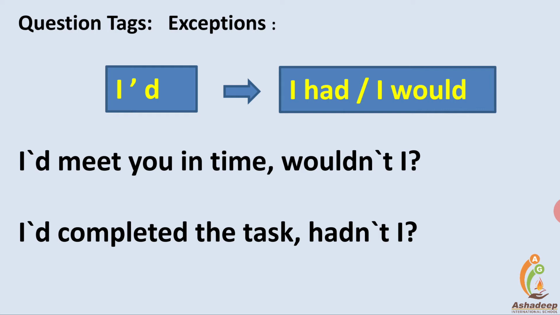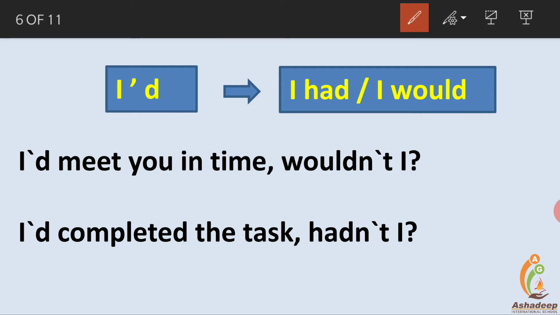Sometimes there is confusion in the structure having the short form 'd. I would or I had, that's the confusion sometimes. In such cases we have confusion about the proper verb. When is it had and when is it would?